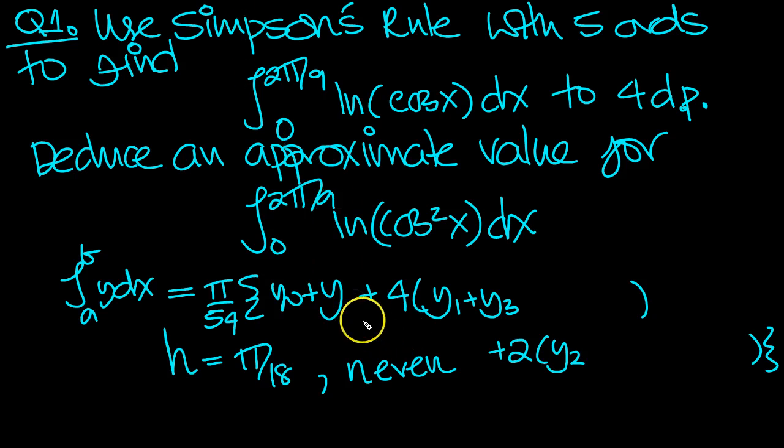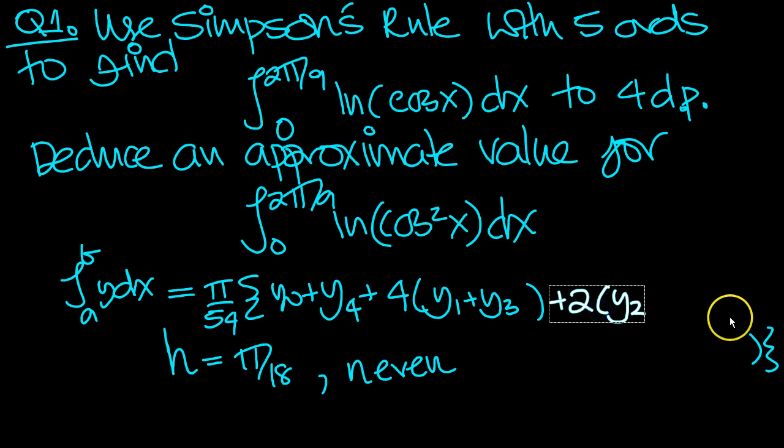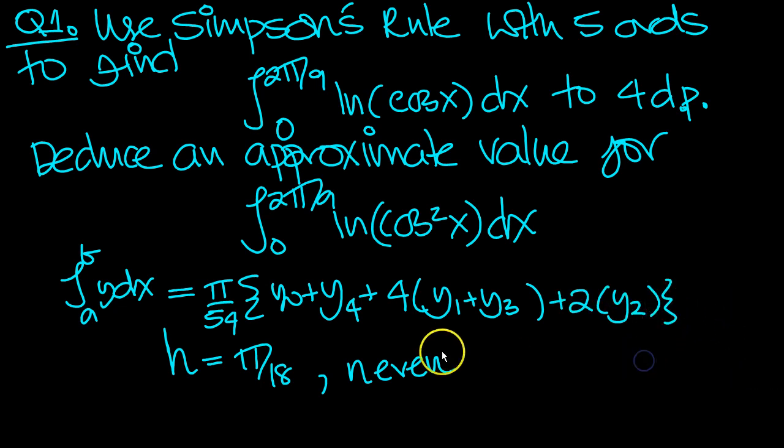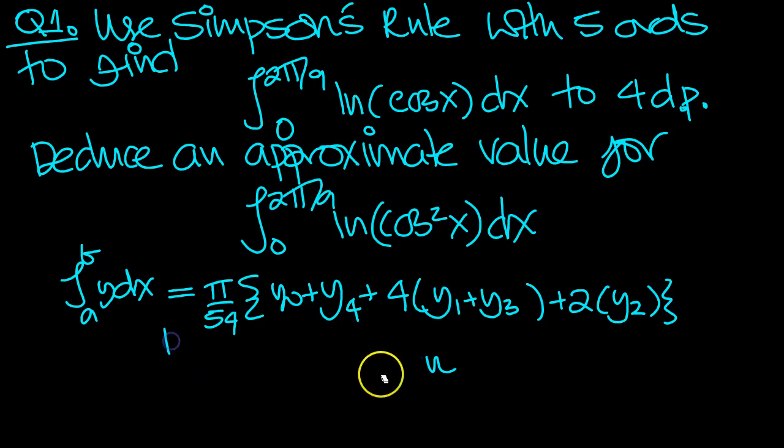So we put the values in the formula. Let's tidy it all up. There's 2 y2, and put this bracket as well. So we've got h, we've put the h in, so we don't need this anymore. Let's proceed with the problem now and work this out.